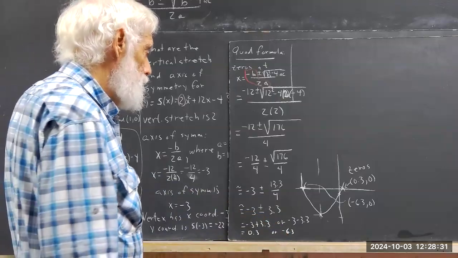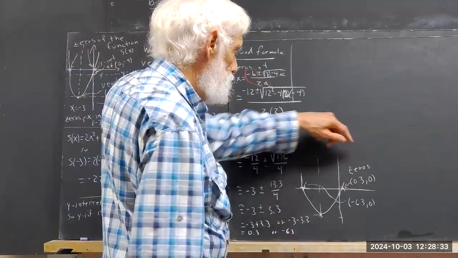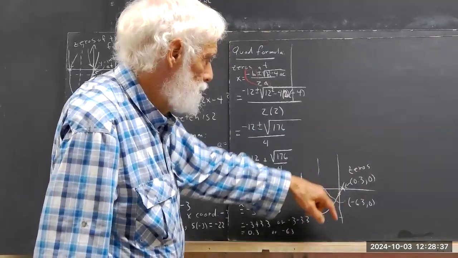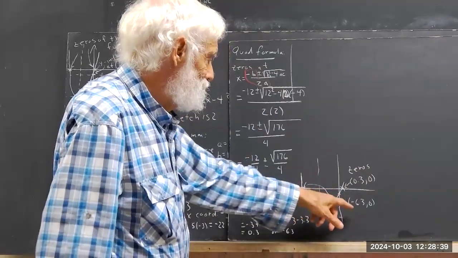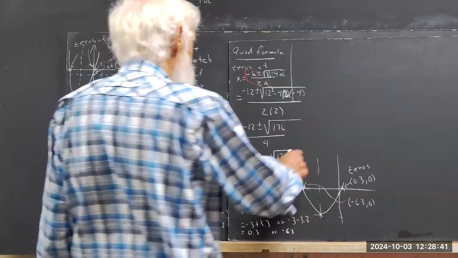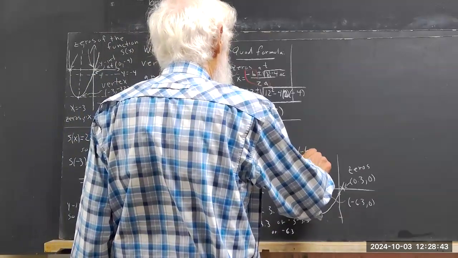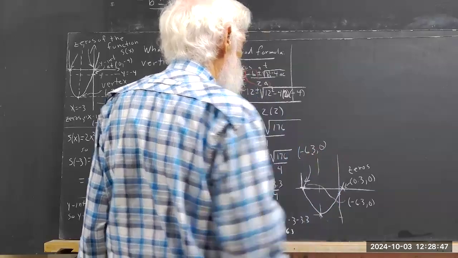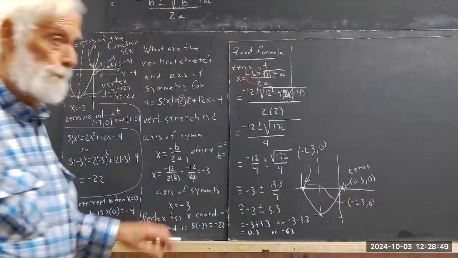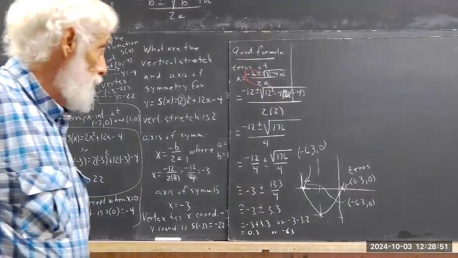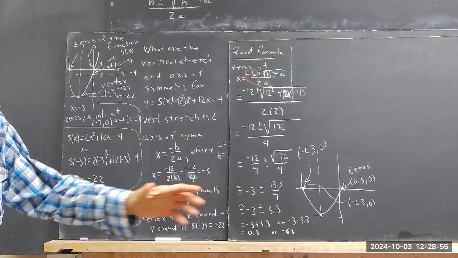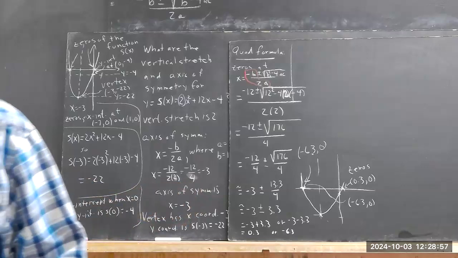Now, I'm a clumsy picture here, but here's 0.3, and then over here, -6.3. The zeros, or the x-intercepts, of the function. And that's a pretty good synopsis in this series of examples of what you need to know about quadratic functions.